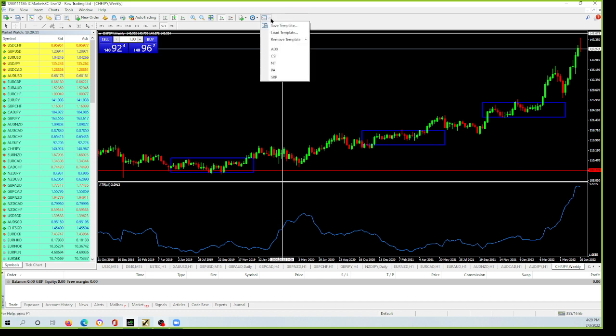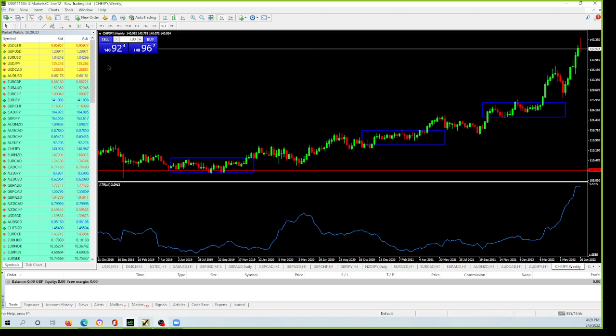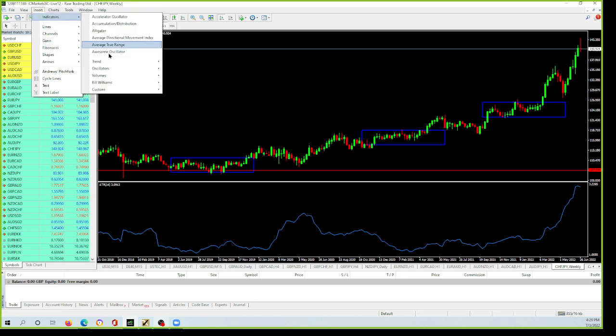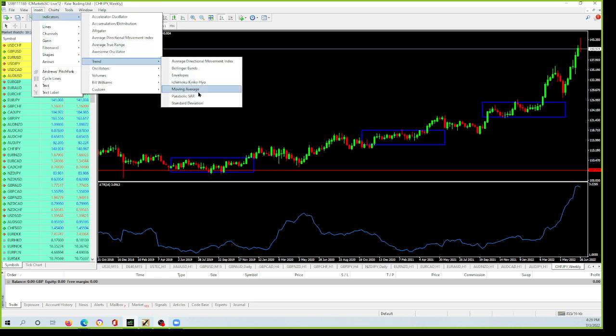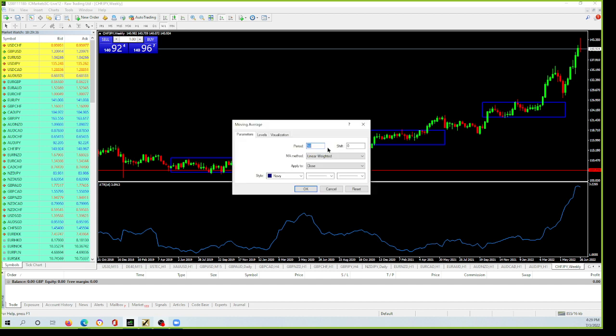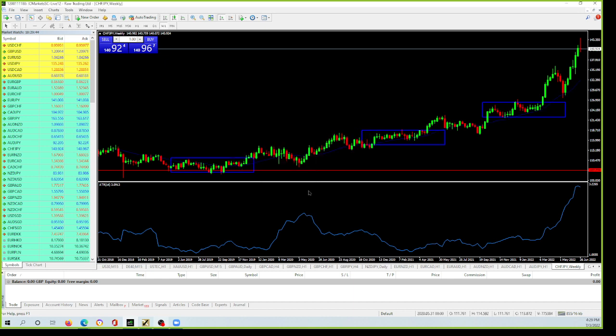If you want to do the MA, you can quickly save, like the question you asked me. You can come to insert, then go to trend, you have the MA, and if you want the 30, you can put it there, and then save it.